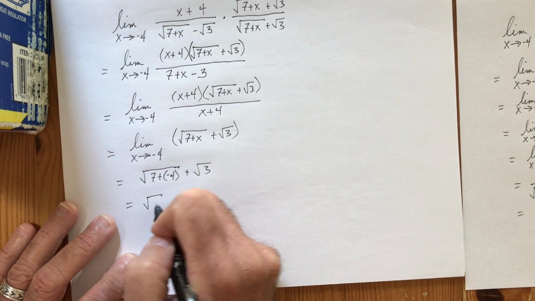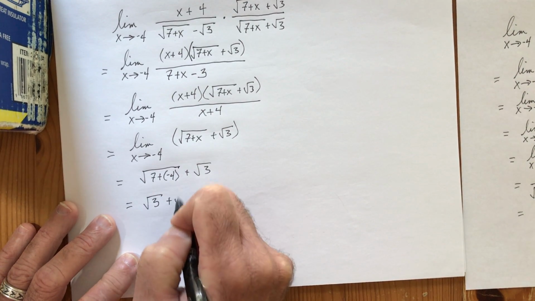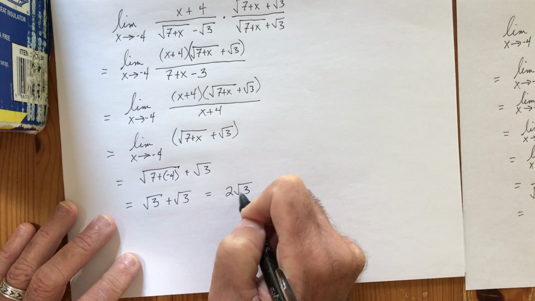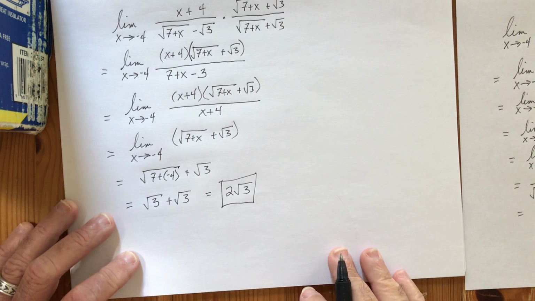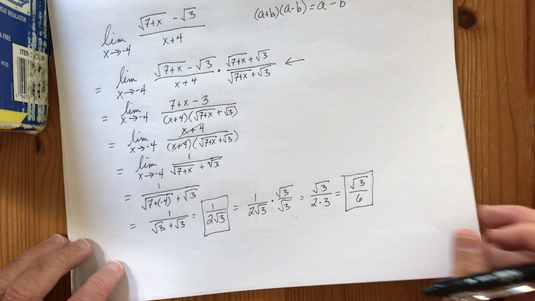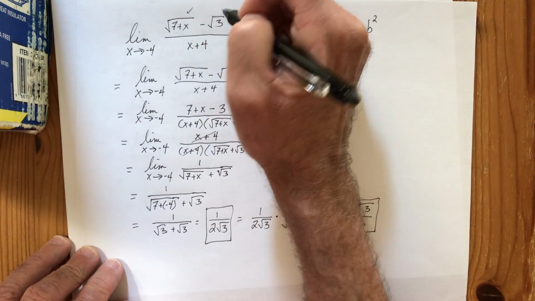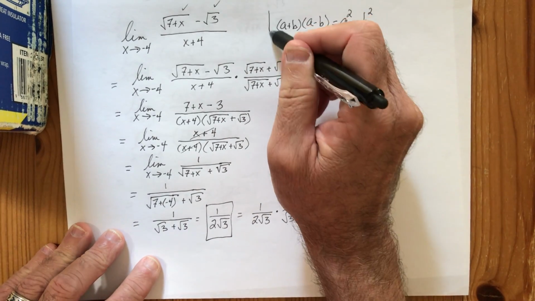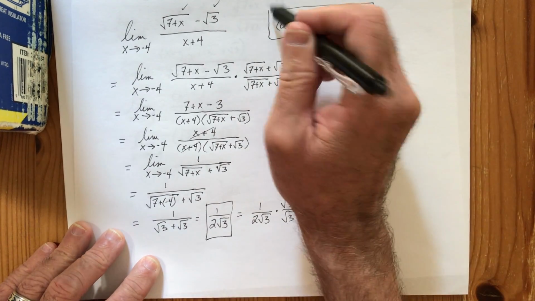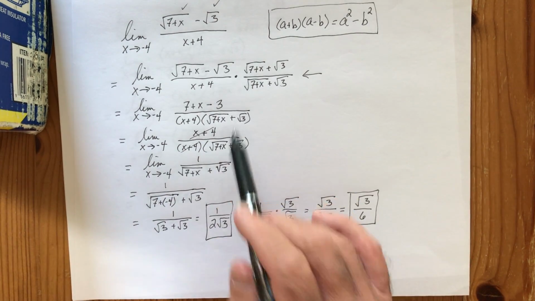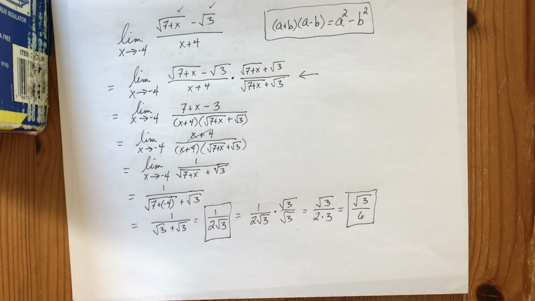And this becomes the square root of 3 plus the square root of 3, and so our final answer is 2 root 3. So an interesting take on these problems where we have radicals and we have to use the conjugate concept here, the conjugate factoring pattern, in order to solve the problem. Hopefully you found that helpful.